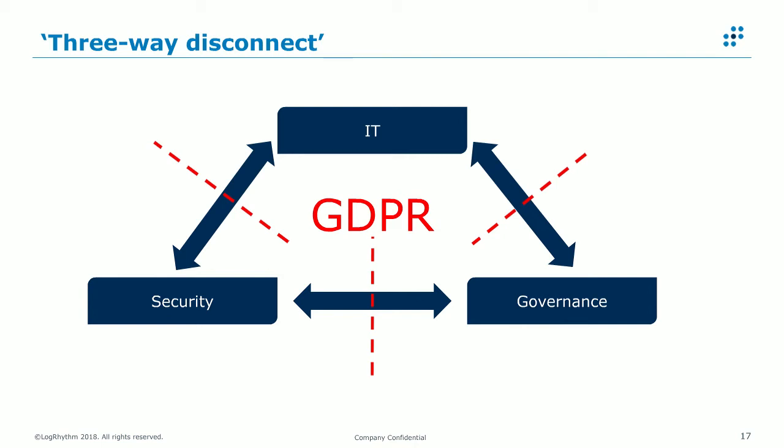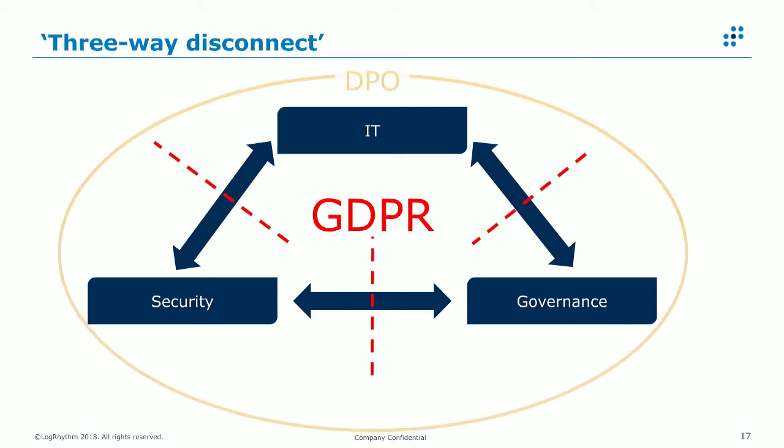They don't always work together, and the point is that bringing in a DPO brings all of those together because there is one strategic role to which all of them must report with regards to GDPR. And that ensures that, say, Article 32, which is security specific, can be fully audited to comply with Article 44, which is a governance issue, and so on.